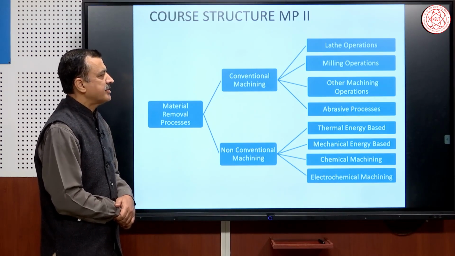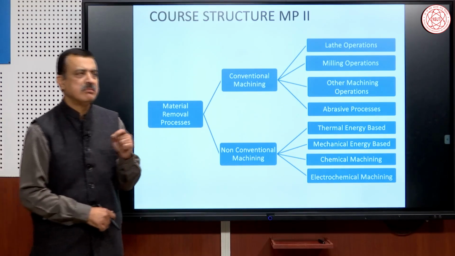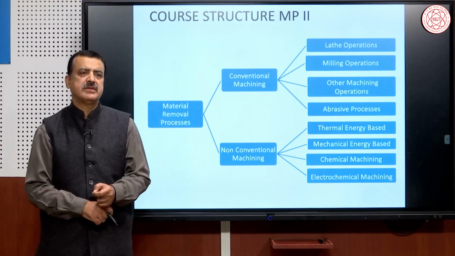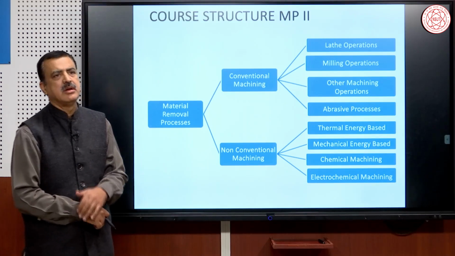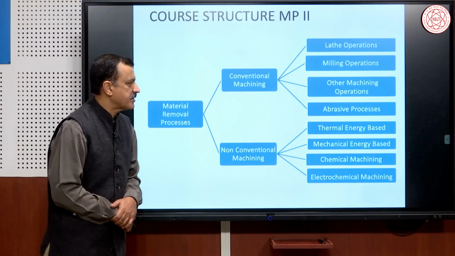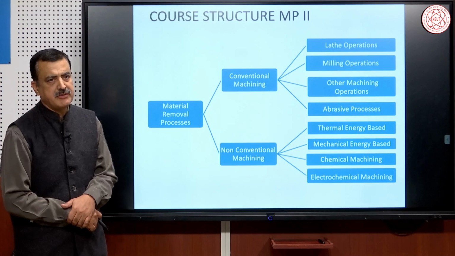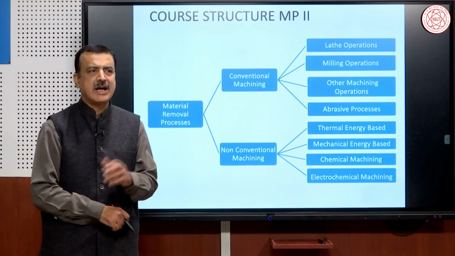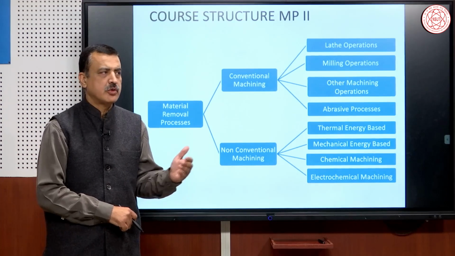Then we have other machining operations which involve operations performed on machines like shaper, planer, boring machines, broaching, etc. Then we have abrasive processes. These are the processes where abrasive particles in the form of a bonded wheel called a grinding wheel are used as the cutting tool to remove the material.